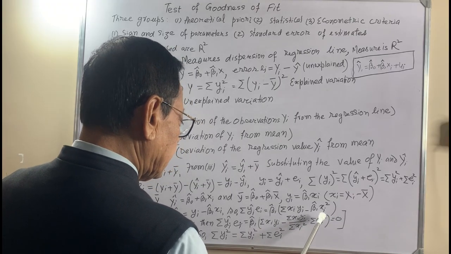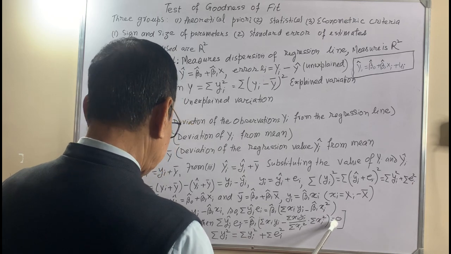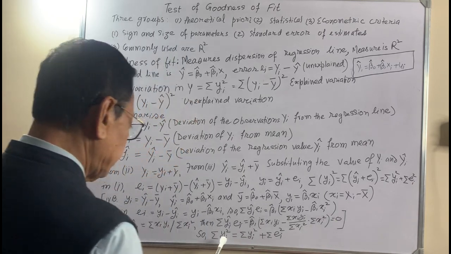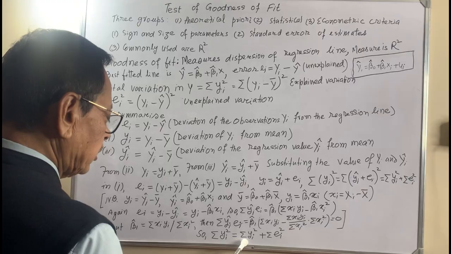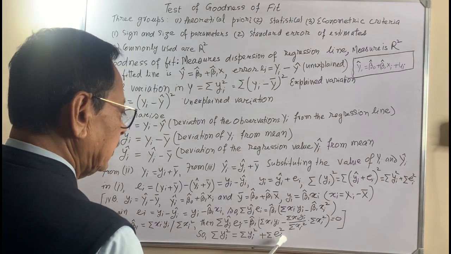This is nothing but, if we cancel it, 0. So summation y_i square is equal to summation y_i estimated square plus summation e_i square.